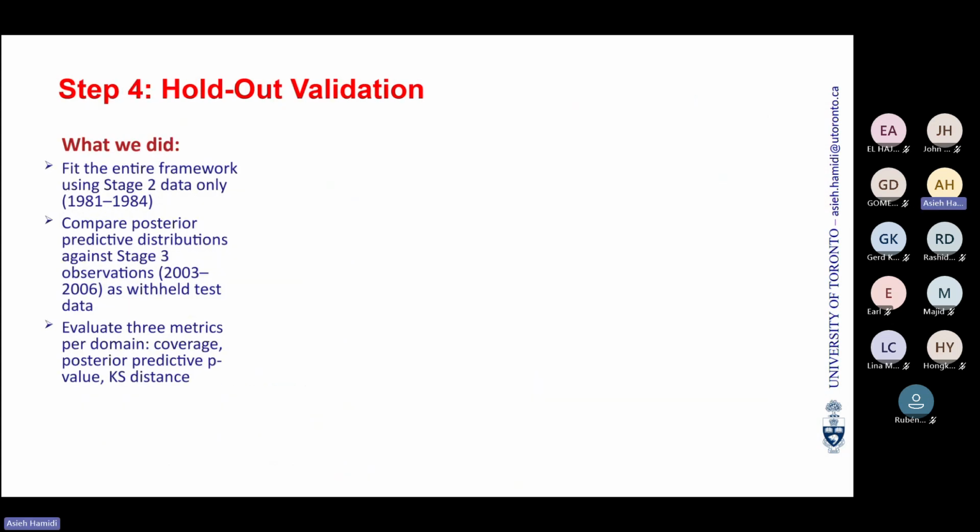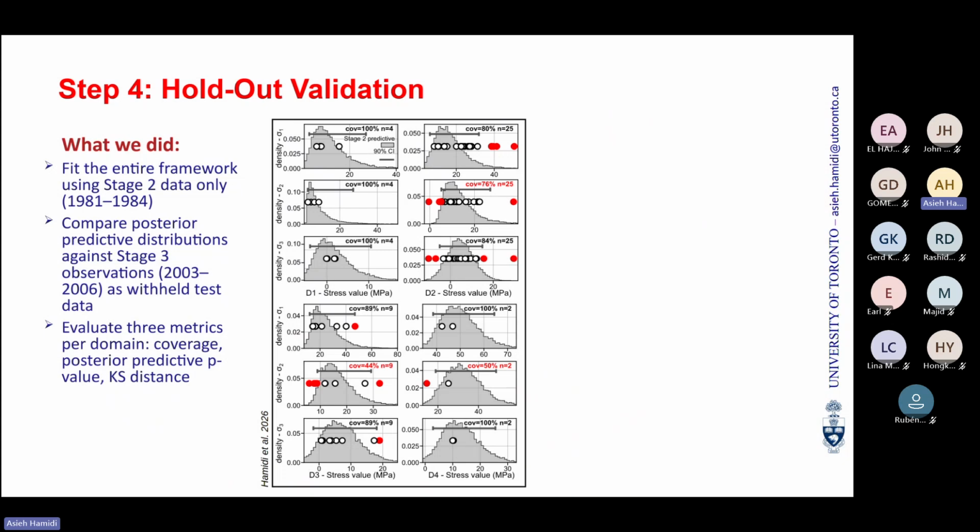And finally, before we make a decision tree and decision rule based on whatever we learned, we want to do a validation. So we take stage 2, meaning the older campaign where we obtained some data from, say, the 1980s to before 2000 chronologically.